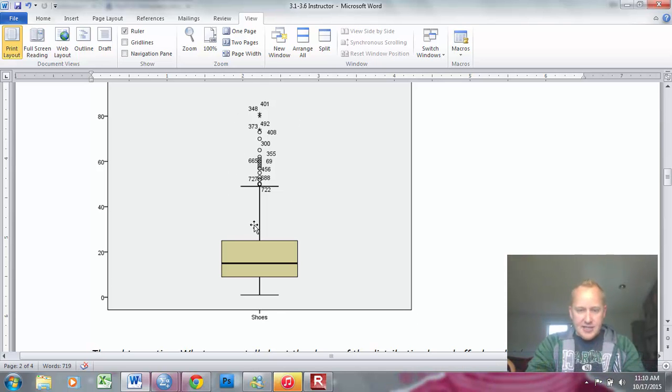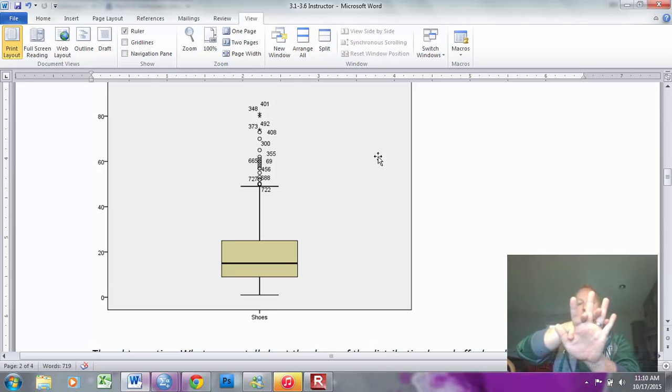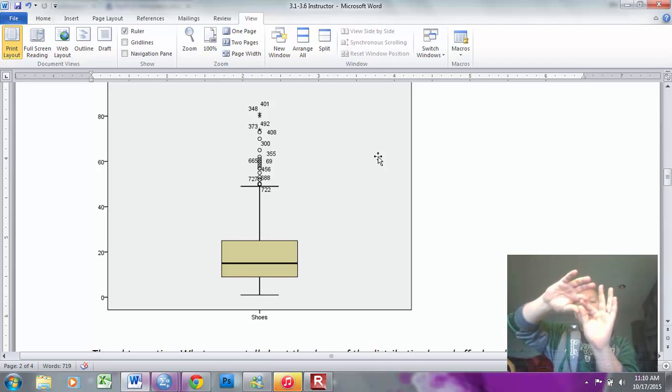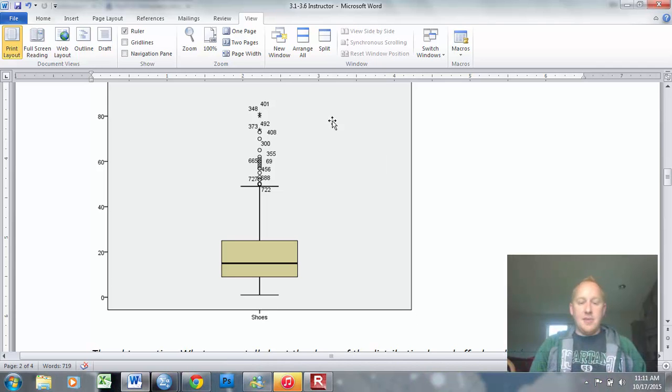The data values here are less dense than the data values here because remember, our 5-number summary breaks the data down into 25% chunks. 25% of the data is between the minimum and Q1, 25% of the data between Q1 and the median, 25% of the data between the median and Q3, and 25% of the data between Q3 and the maximum.